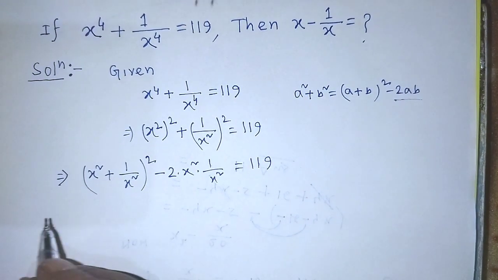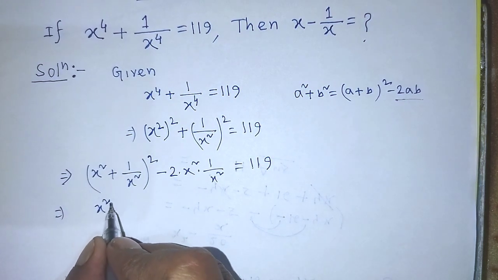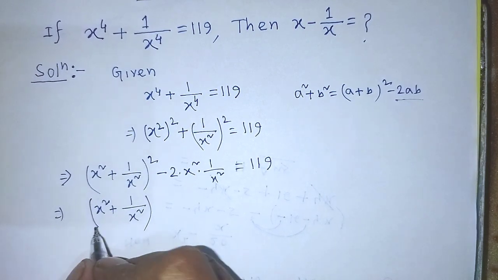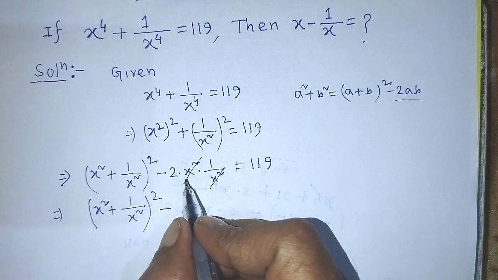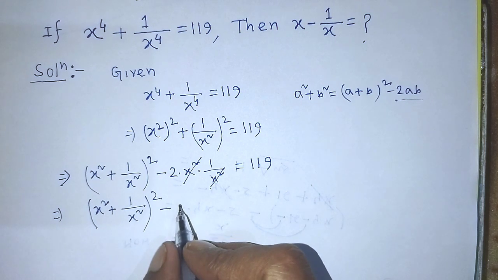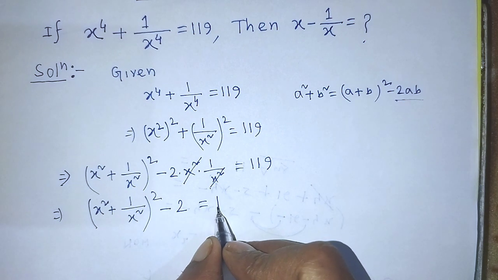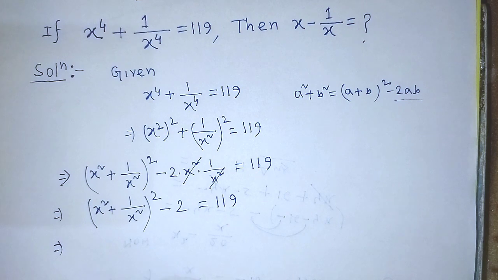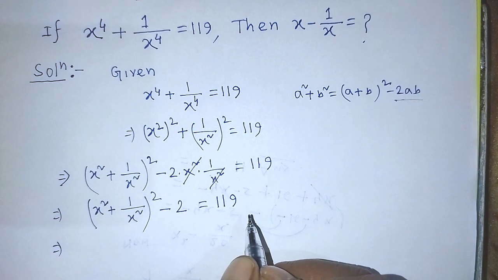So after that, on the left hand side again we have to write x square plus 1 over x square whole to the power 2 minus, we can cancel x square from numerator and denominator. So we have to write in the place of second term 2 is equal to, on the right hand side again 119. So student, after that we can transpose minus 2 from left hand side to right hand side.